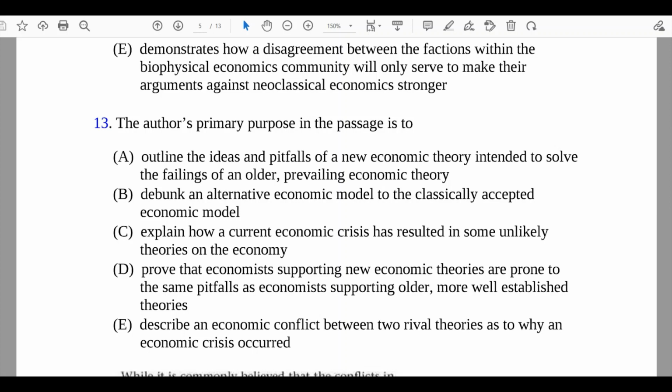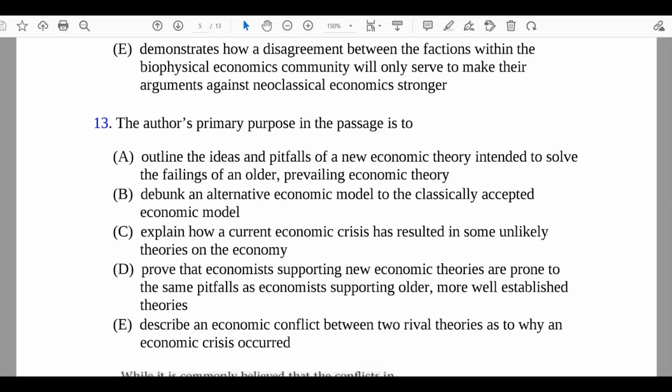Answer A is pretty much on target: the passage does explore the substance and the problems surrounding a new economic theory that is supposed to supplant an earlier, more dominant economic theory. This option may very well be your answer, but we must still explore the remaining options as well.